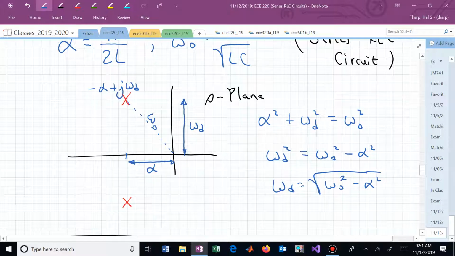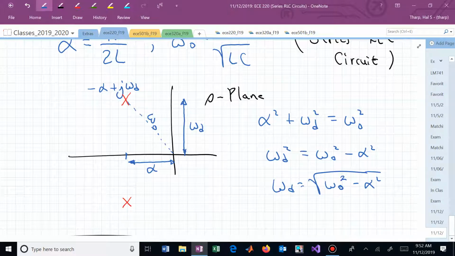That's the expression you might see in the book, but instead of worrying about memorizing that, you can think about the graphical connection: I have a real part and an imaginary part when I have complex conjugate roots. The real part is alpha. The imaginary part is the damped frequency omega sub d. And the distance that root is away from the origin is the natural frequency omega sub 0.